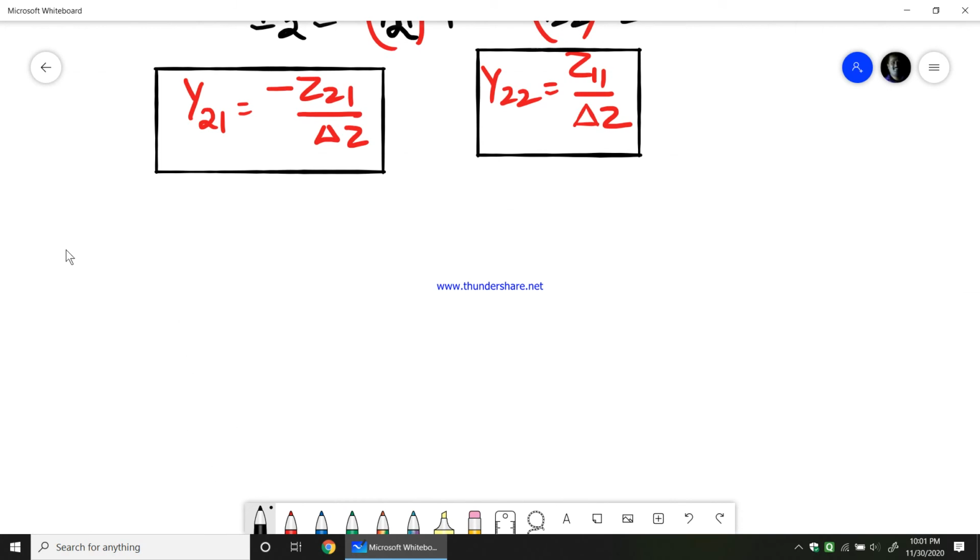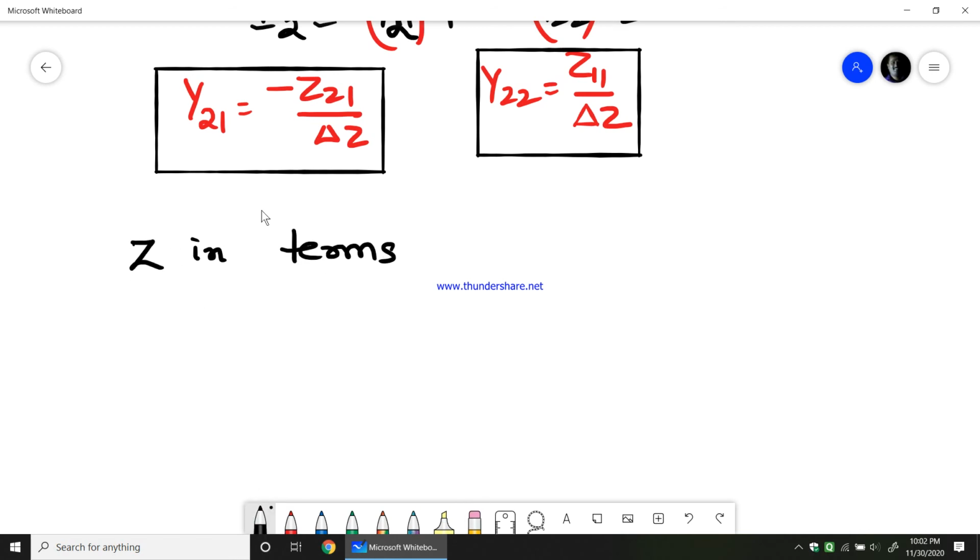Similarly, if you take Y parameters and define the Z parameters, you can get Z in terms of Y. You can derive this yourself.